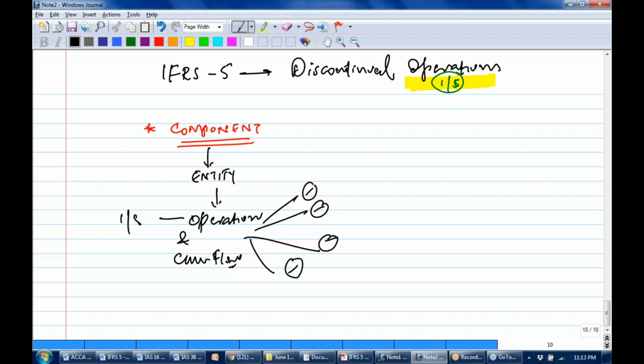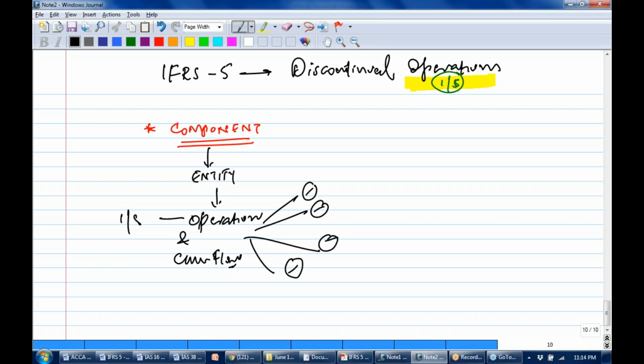Foods, for example Wall's, have a separate income statement and cash flows. Beverages, for example tea and coffee, have a separate income statement and balance sheet. Means they have a system to isolate the divisions and prepare their own income statement. So whenever we are disclosing a discontinued operation, this statement is very much clear, very much important.